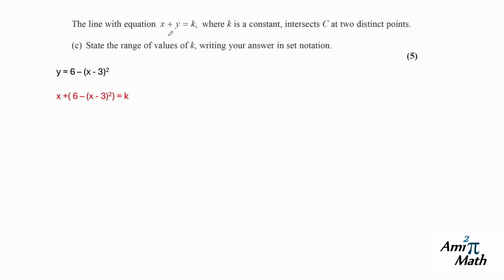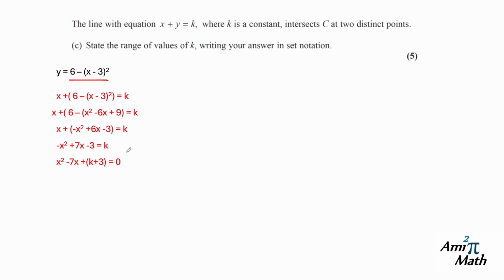And we can just rewrite this in terms of this equation. So y equals 6 minus (x minus 3) squared, so you put x plus this part of y equals k. And then we can obviously expand this, so it becomes this. And then we can just rearrange it until we get this equation here.